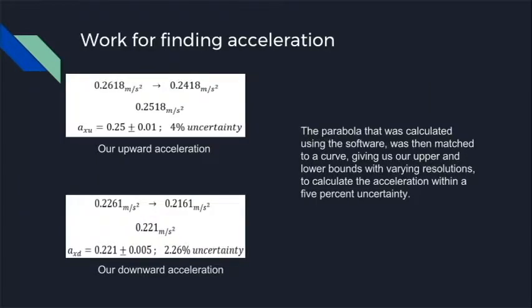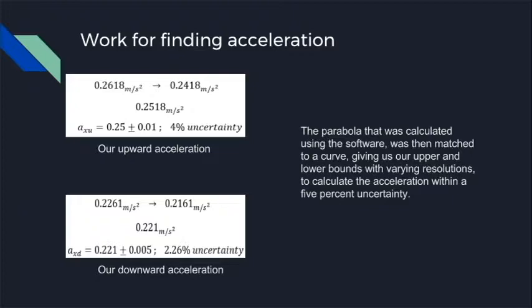As mentioned in a previous slide, the parabola that was calculated using the software was then matched to a curve, giving us our upper and lower bounds with varying resolutions to calculate the acceleration within a 5% uncertainty. From the first picture, we can see that we had a range from 0.2618 meters per second squared and to 0.2418 meters per second squared.